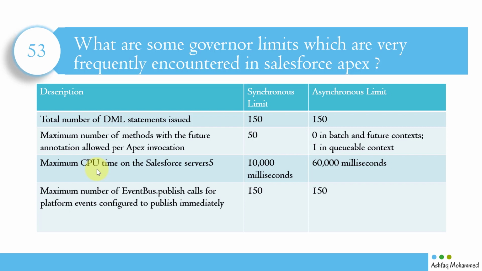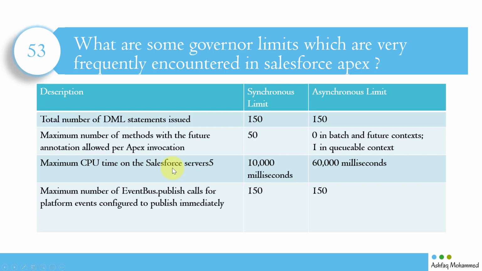We are retrieving data of 50,000 records, and we are trying to build the Excel or a CSV format, and then attaching it to that record, right? So basically that will take a lot of processing time, and then it will hit the CPU limit.